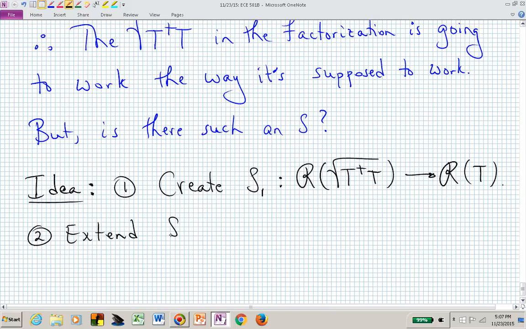We want to extend S1 to the actual isometry that we need, S.